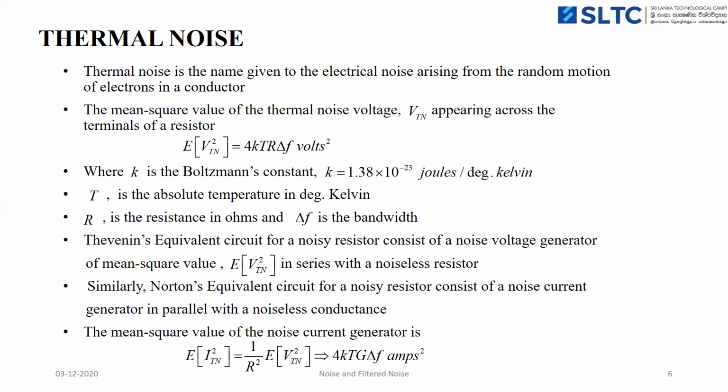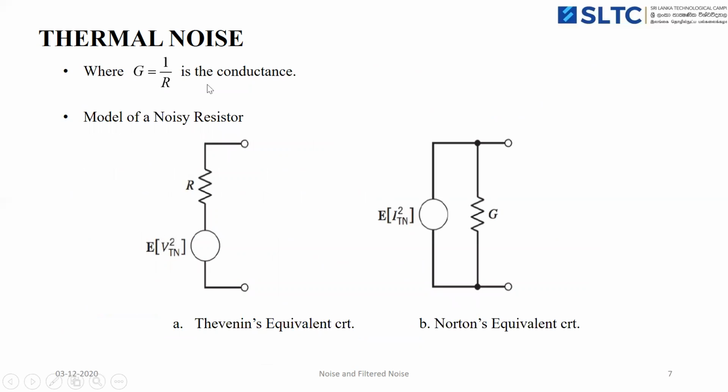Then we can find the mean square value of the noise current generator, which is expectation of ITN squared. Actually, here the subscript we have to change for Norton theorem. So it is equal to 1 by R squared times expectation of VTN squared. By substituting expectation of VTN squared, we get the mean square value of the noise current generator equal to 4kTG del F, unit is amp squared, where G equal to 1 by R is the conductance.